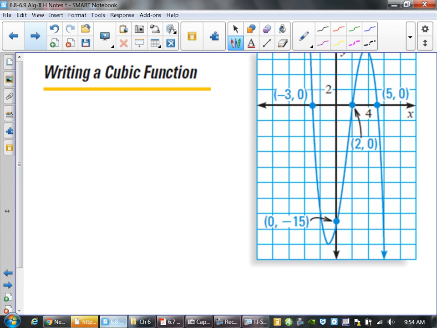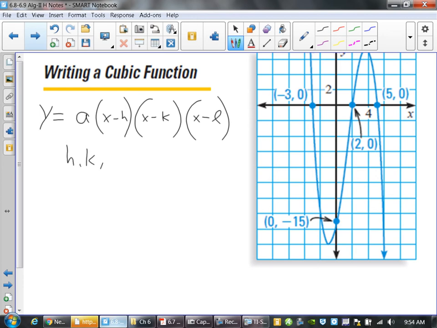The way that we were just writing them out a second ago looked like this. It was y equals some value a times all your zeros. I'll call them L, H, and A, and those are your zeros.